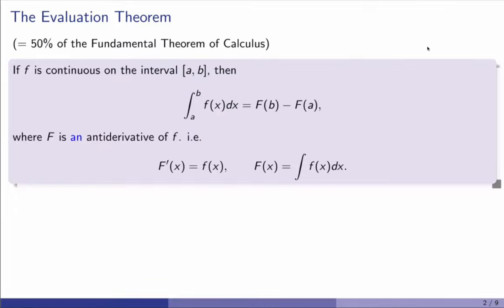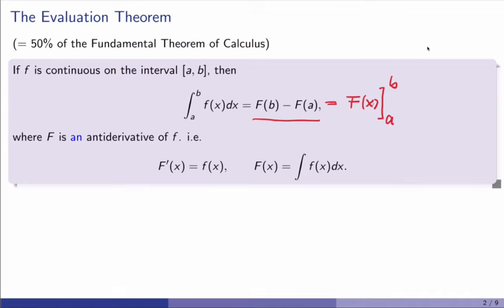Before I continue with the examples, though, I would like to introduce a new notation for the evaluation theorem. So here we have F of b minus F of a, and this is often written in this form. You use the antiderivative F of x, and then you do a long line or a line with some hooks on it, and you evaluate it from a to b.